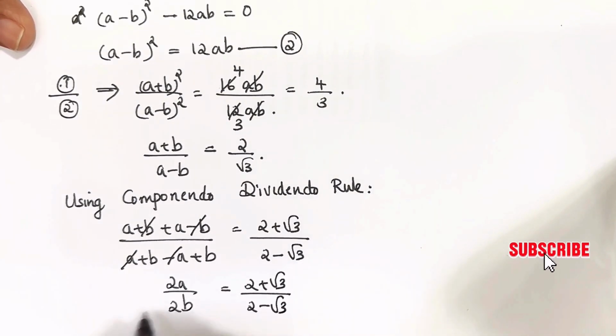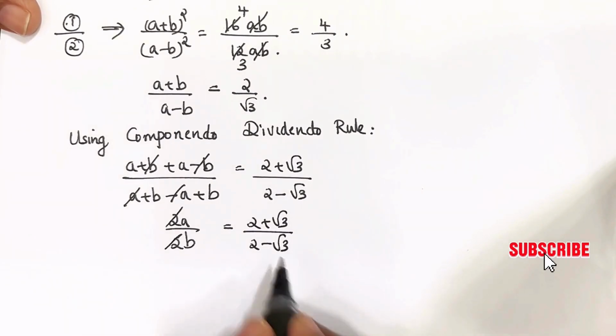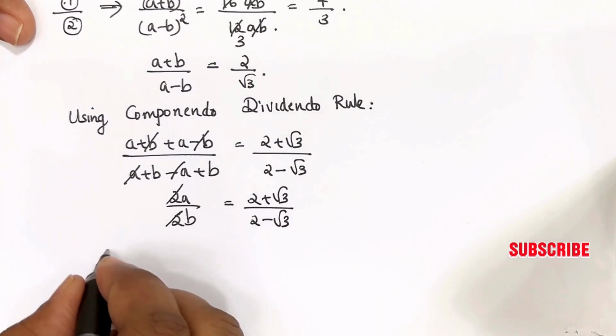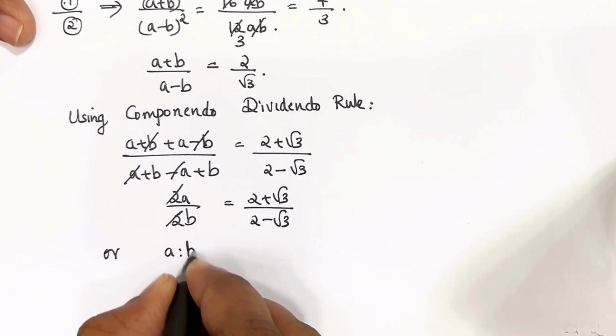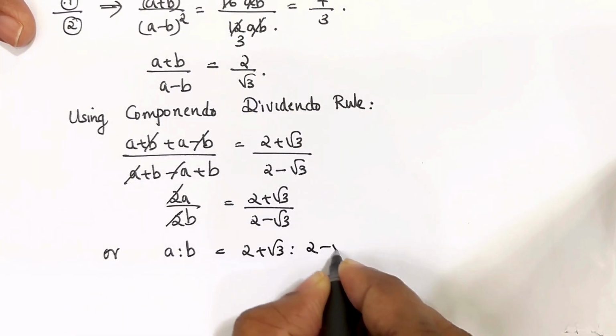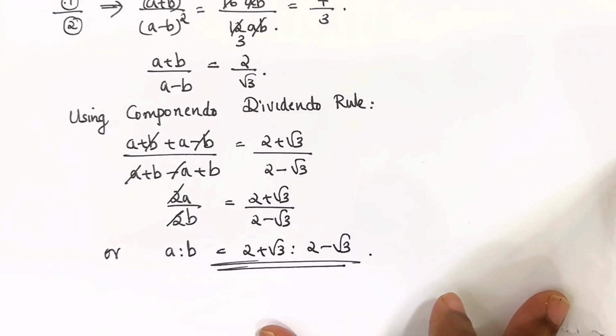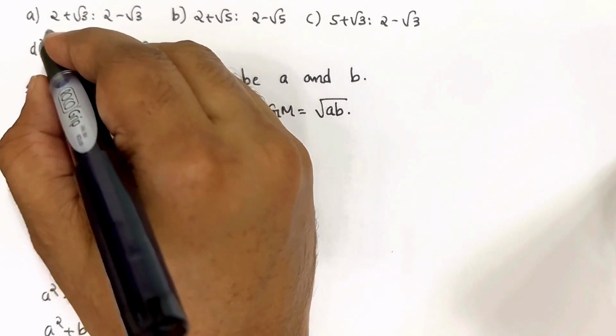Again 2 and 2 cancelled. Therefore, we can write a by b is equal to (2 plus root 3) by (2 minus root 3). Or we can write a is to b is equal to 2 plus root 3 is to 2 minus root 3. So this will be the ratio of the two numbers a and b. Therefore, from the given options, option A will be the correct answer.